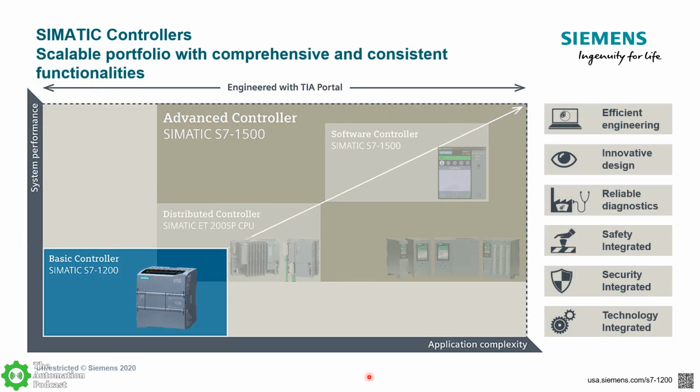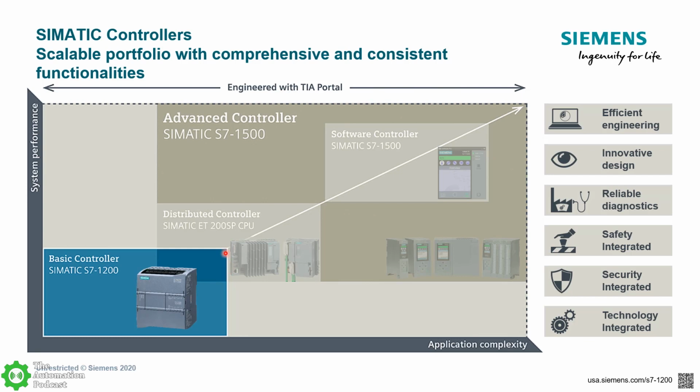Just to get an idea how the S7-1200 basic controller scales in comparison to our S7-1500. We call it the basic controller, and it handles anything from micro automation, something you would see for a micro PLC, all the way up to medium-sized applications.